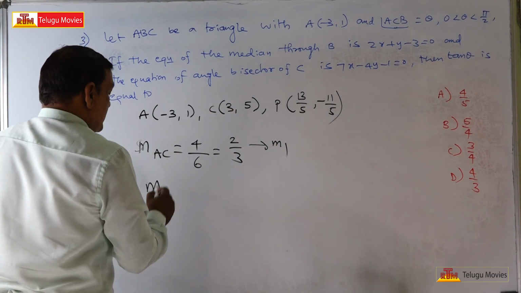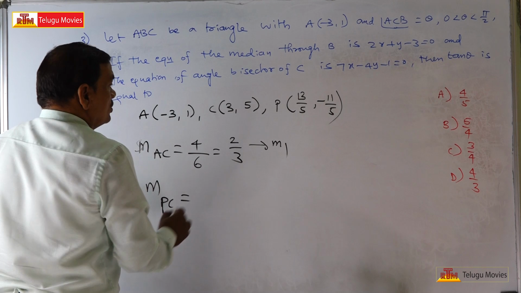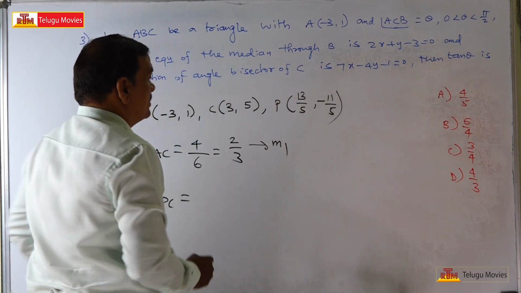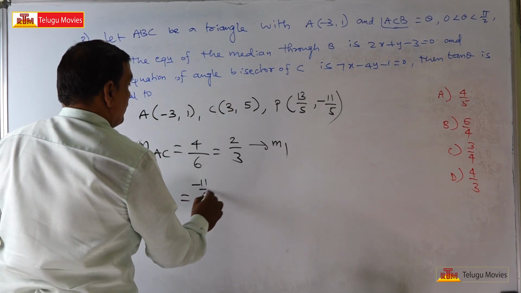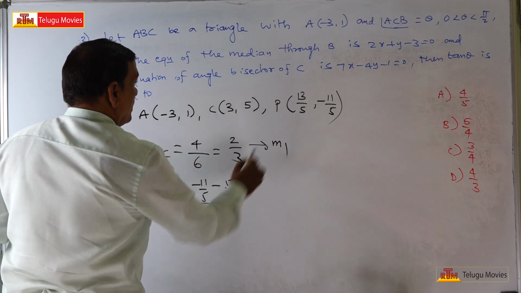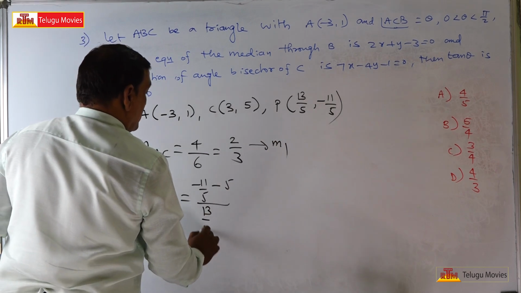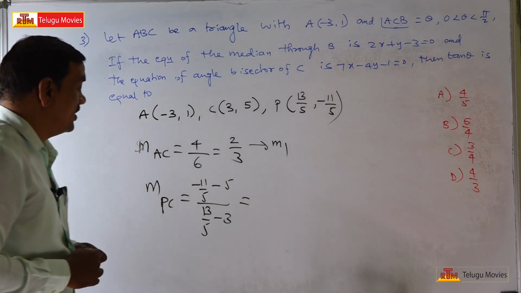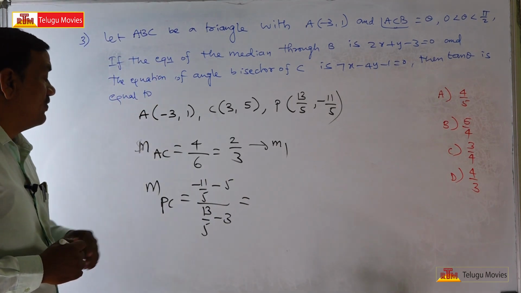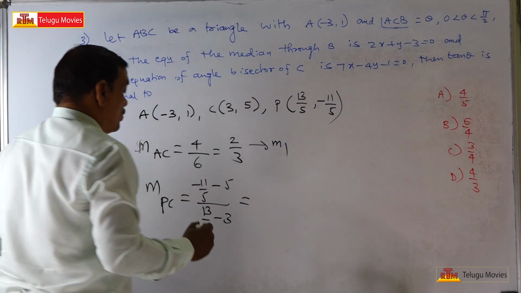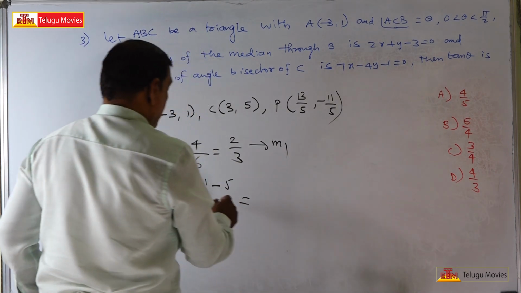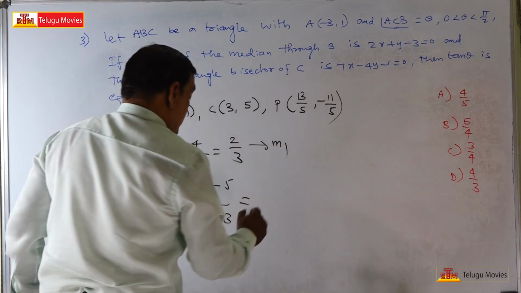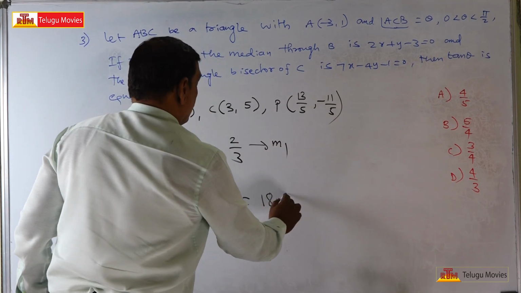So this is equal to (11/5 minus 5)/(13/5 minus 3). Okay, if you calculate this, 5 5s are 25, 3 5s are 15, you can calculate this as 18. You call it M2.